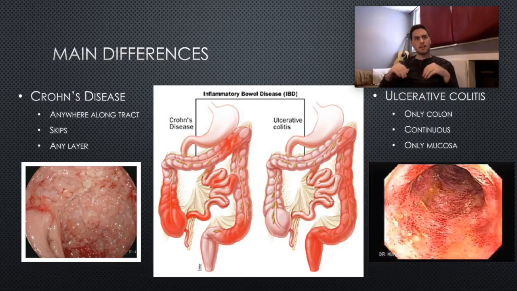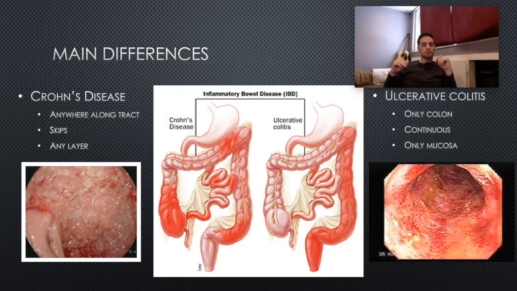And then what we're going to get into now is some of the main differences between these two diseases. I know at the beginning of the video I asked, are these things the same? What do you guys think about that? And the truth is they're actually really different. In the middle here, I have just a quick diagram that really outlines some of the main differences between these two.